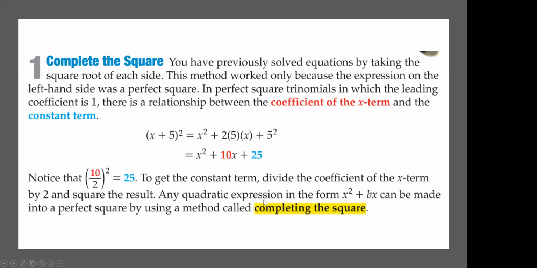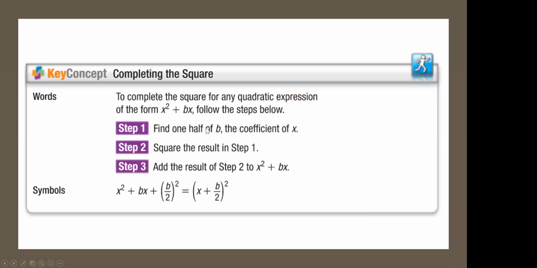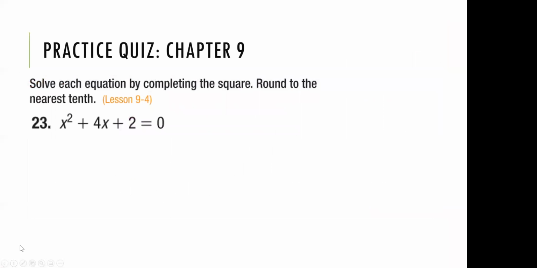Any quadratic expression in the form x squared plus bx can be made into a perfect square using a method called completing the square. First, find 1/2 of b, the coefficient of x, square the result, and then add that result of step 2 to x squared plus bx.